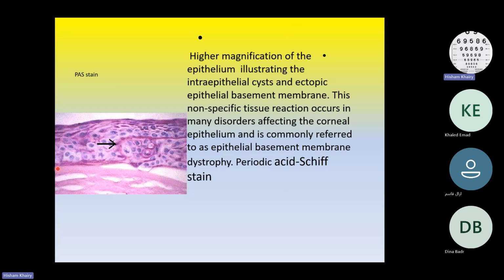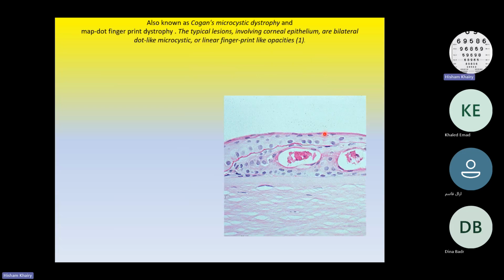Here we see the normal basement membrane. Here is the ectopic basement membrane with cysts. Here again, ectopic basement membrane, cysts. Some call it map-dot-fingerprint corneal dystrophy. Some debate that this is not a corneal dystrophy.